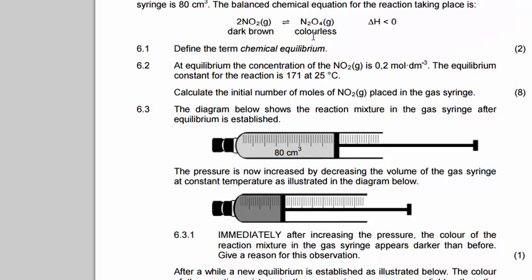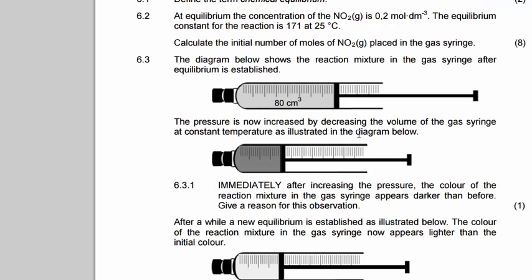Again, I'm sure you guys can figure it out. But if it is dark, that doesn't make sense. Immediately after the increase in the pressure, the color of the reaction mixture appears darker than before.